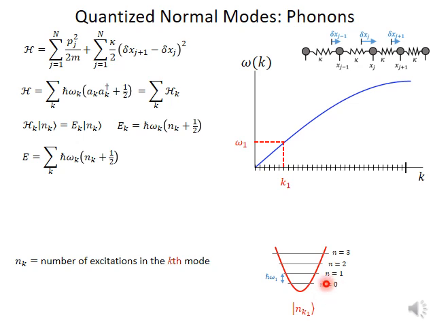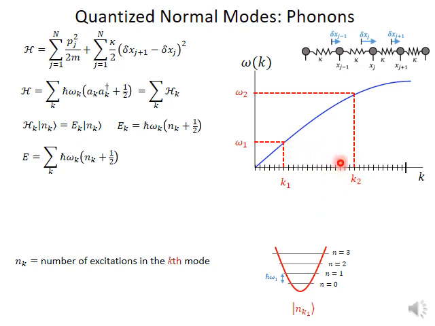And these quantized energies are given by this quantum number n, so that n for this particular k can be 0, 1, 2, and 3, and so on, depending on what the value of nk is. The higher nk, it means that this particular mode has higher excitation, and if nk is small, it would mean that this particular mode has lower excitation.